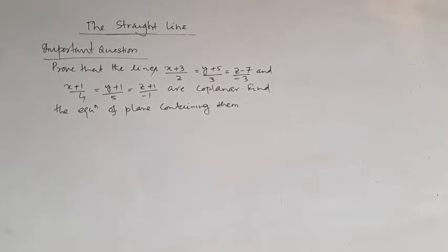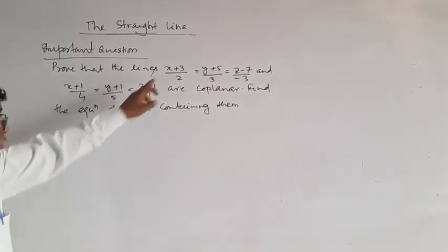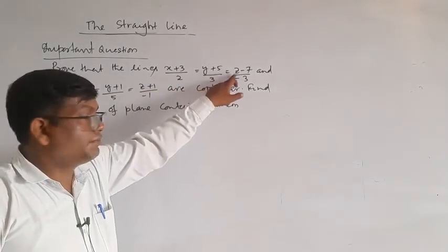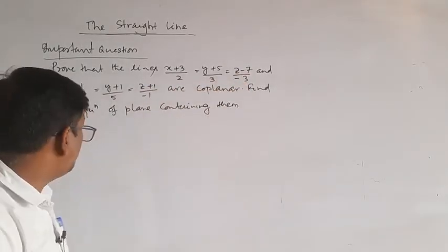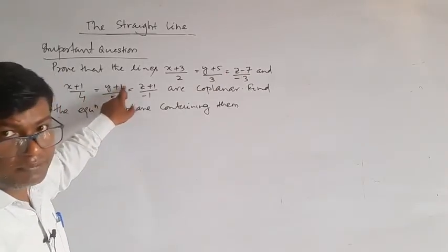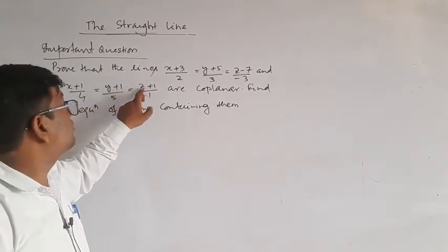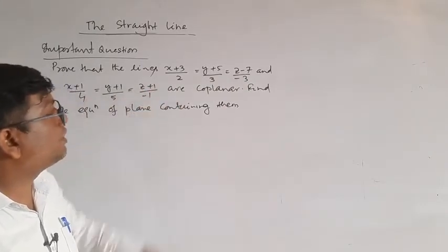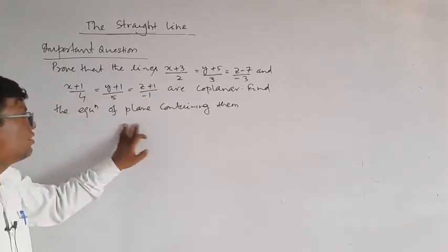Prove that the lines (x plus 3) divided by 2, (y plus 5) divided by 3, (z minus 7) divided by minus 3, and (x plus 1) by 4 is equal to (y plus 1) by 5 is equal to (z plus 1) by minus 1 are coplanar. Also find the equation of plane containing them.